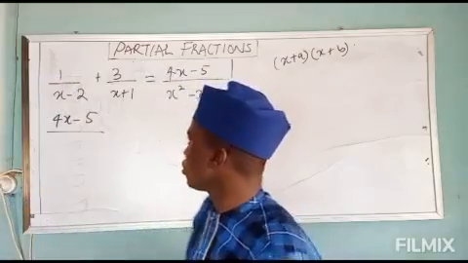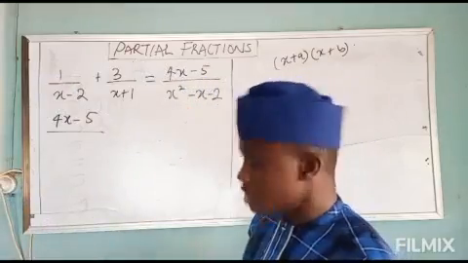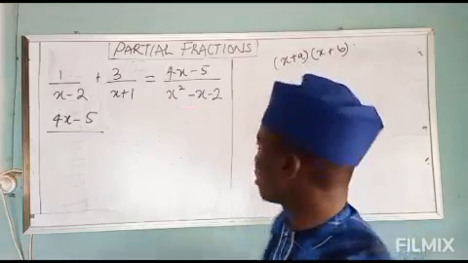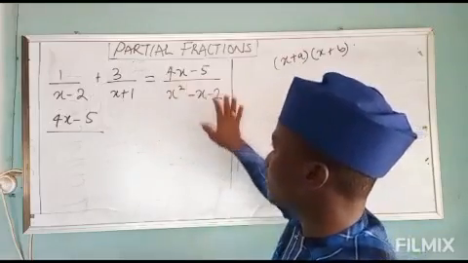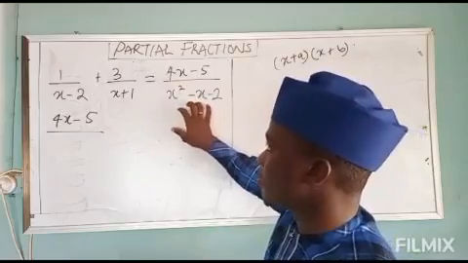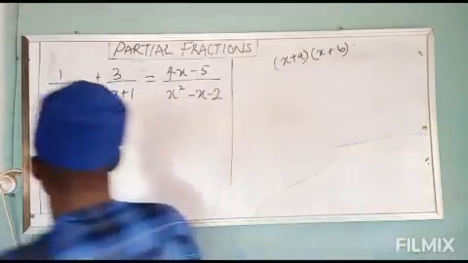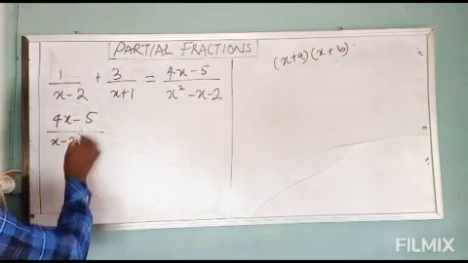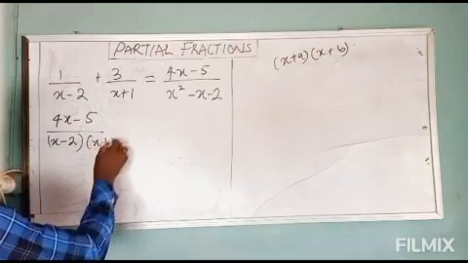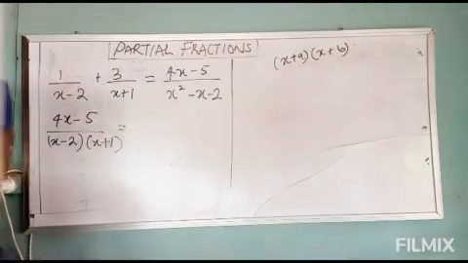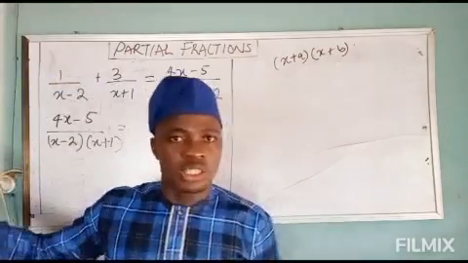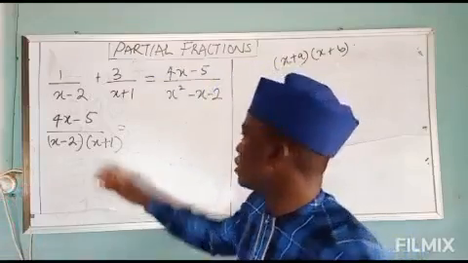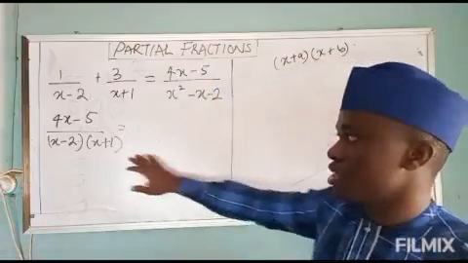From what I told you, in order to solve this one, your denominator has to be factorized. Therefore, we don't need to disturb ourselves with that. This is factorized into x minus 2, x plus 1. If you look at this now, the form of this denominator is linear.